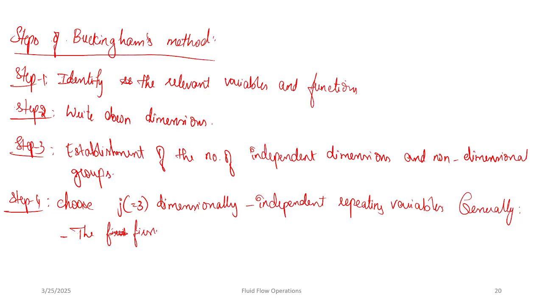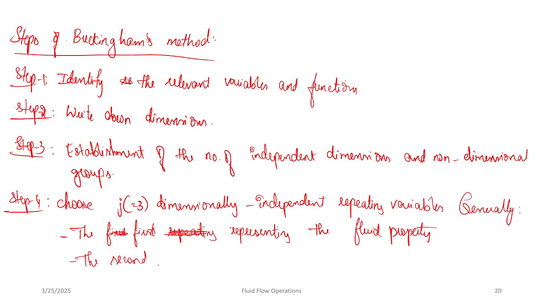So the first representing the fluid property, second representing the flow characteristics, and the third representing the geometric characteristics.